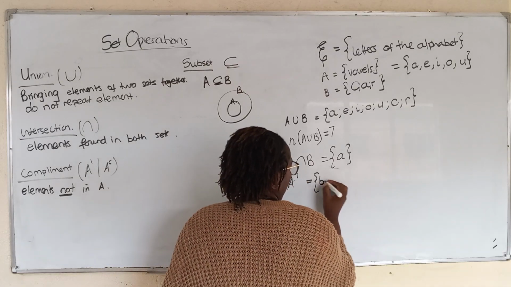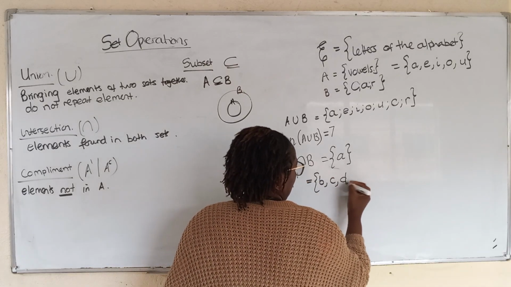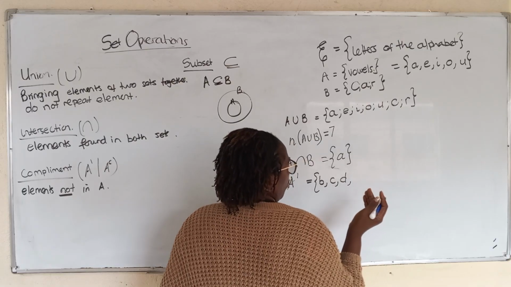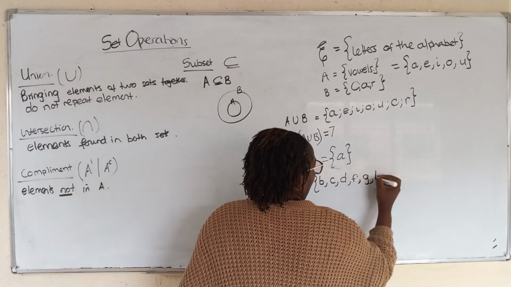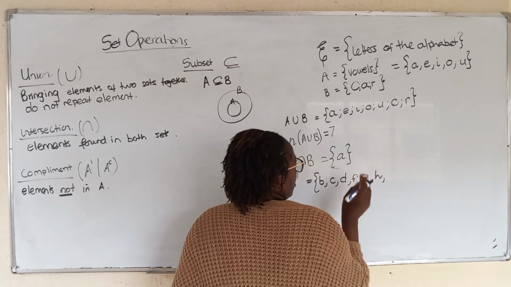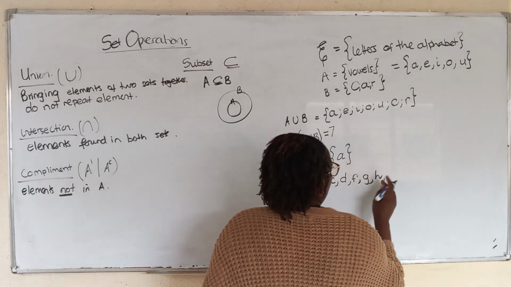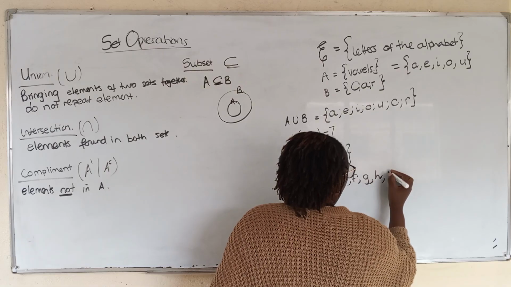So you can have B, C, D, E is in A, so we don't put it. F, G, H, I is not in the complement.